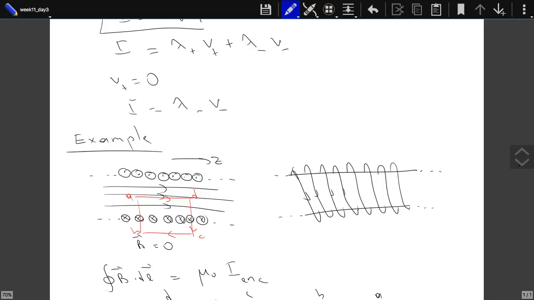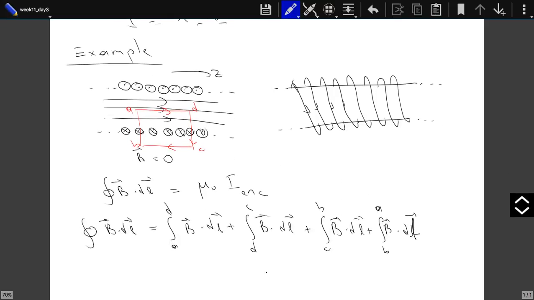Outside, B is 0. So along this segment, B dot dl is always 0. From C to B, B is 0, so B dot dl is 0. So all those 3 integrals are 0. The only contribution we have is from A to B.